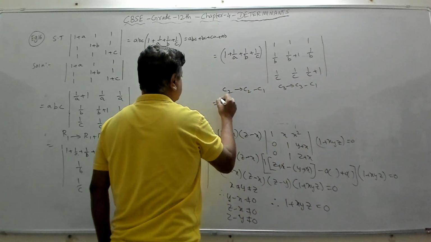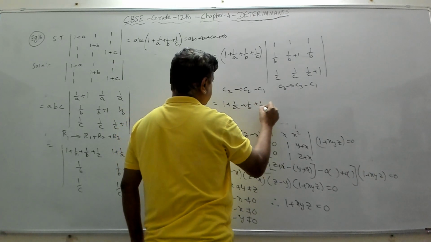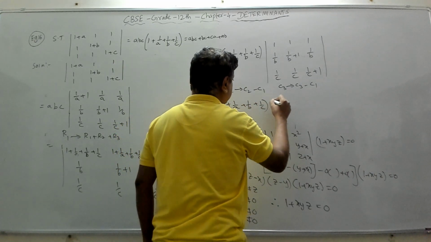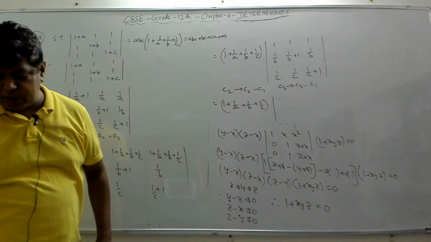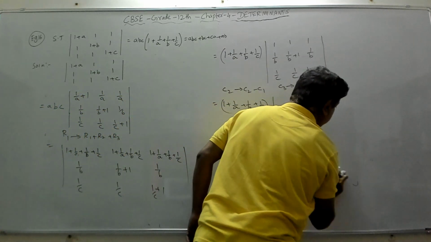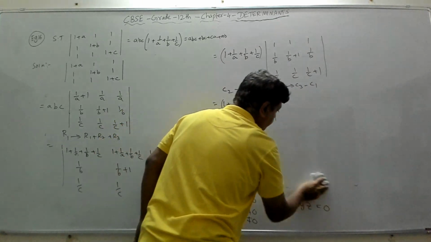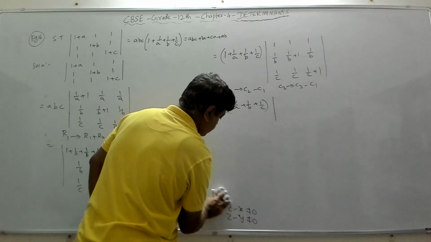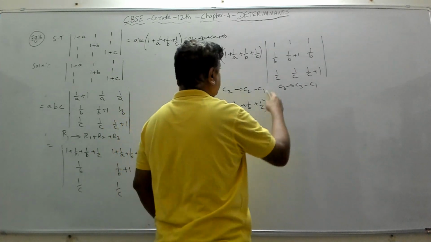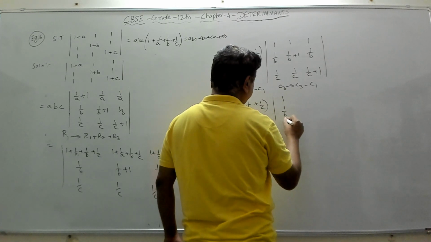So if you do this, you get 1 plus 1 by A plus 1 by B plus 1 by C into the determinant. We can apply column and row operations on the determinant because of property 6. Column 1 has no change, so I am writing it as it is.